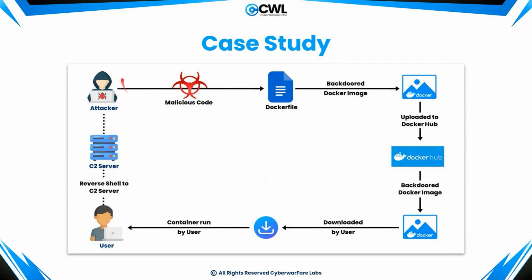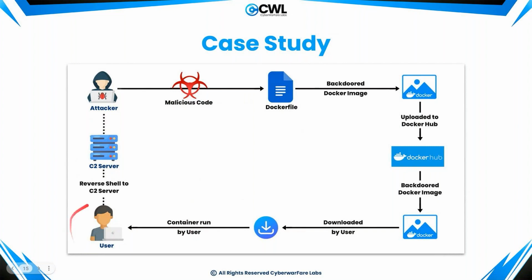Now let's say the attacker successfully phishes the user, and the user is provided with a malicious Docker image. It will be downloaded, and with some sort of instructions, or because the user is trying to do something on the organization laptop or their own machine, the container will be run by the user.